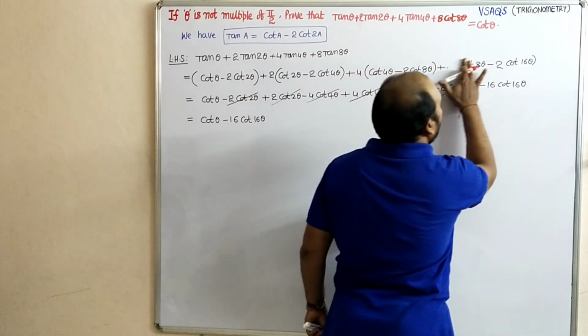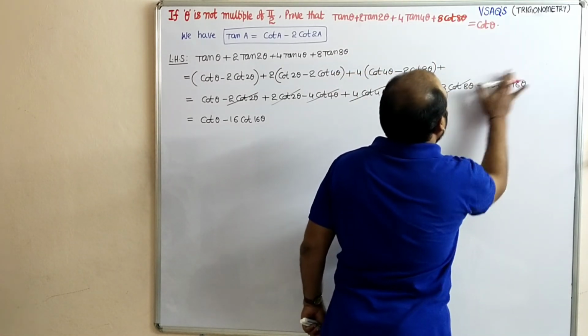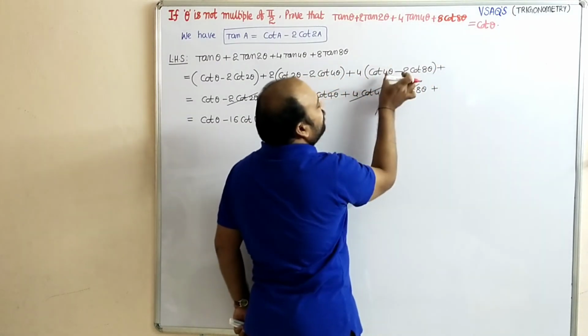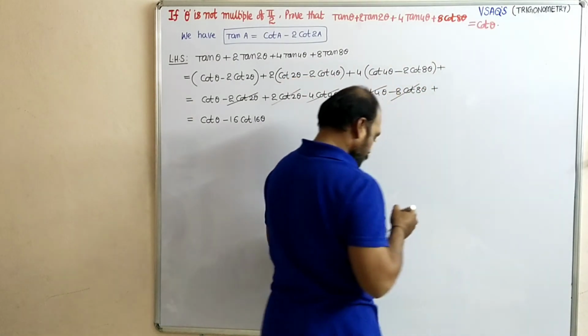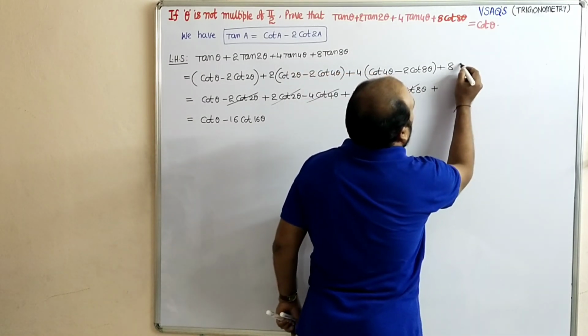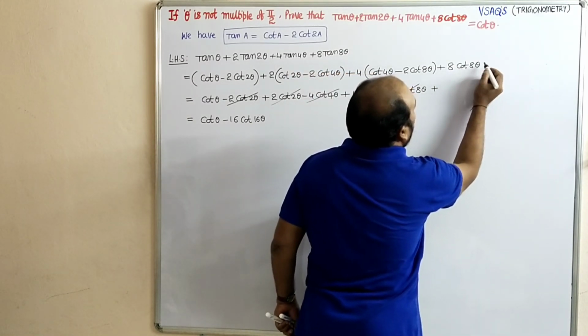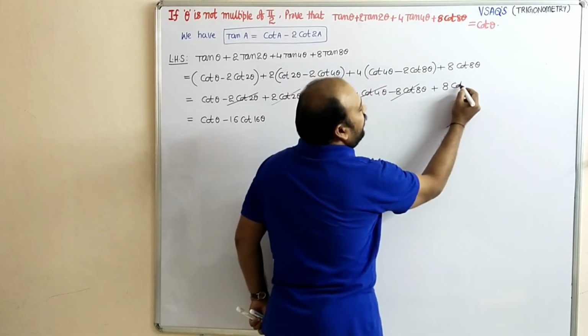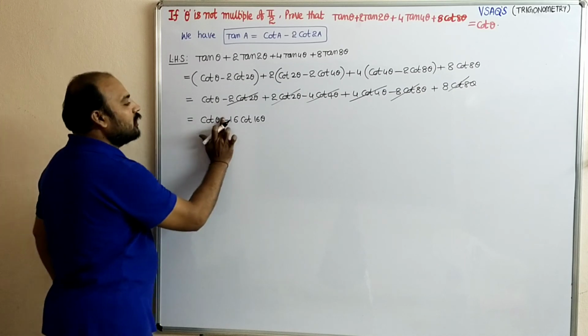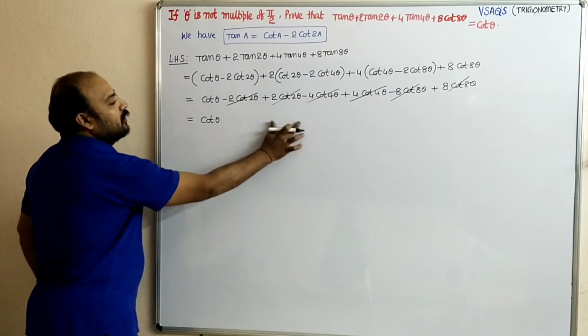So this step won't come directly, it will come as only 8 cot 8 theta after completing this step. Here also 8 cot 8 theta, so these two will be cancelled, the rest of the term is only cot theta.